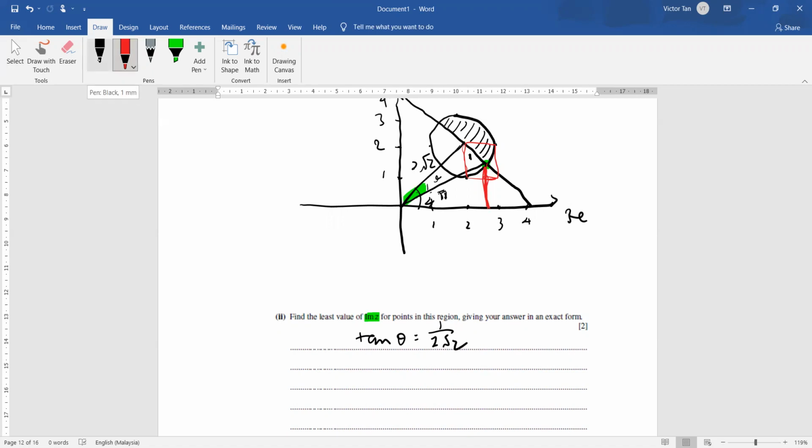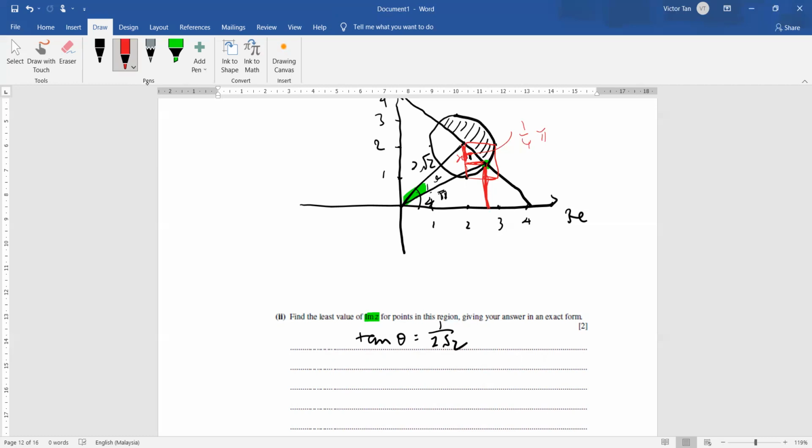So you still need to find the exact value. So this is 1. This angle is 1/4 pi. So you need to find this x here. Find the value.